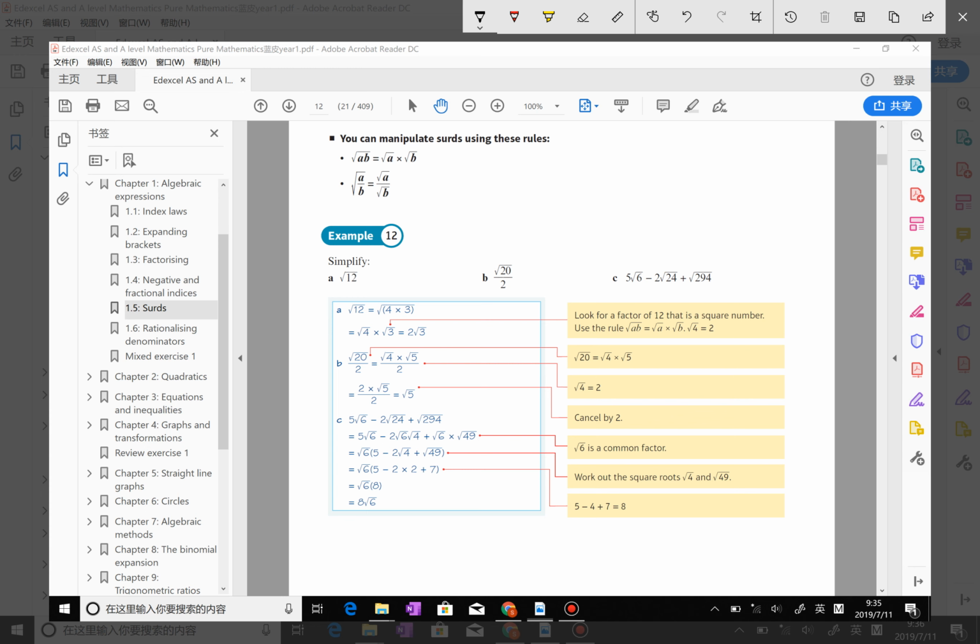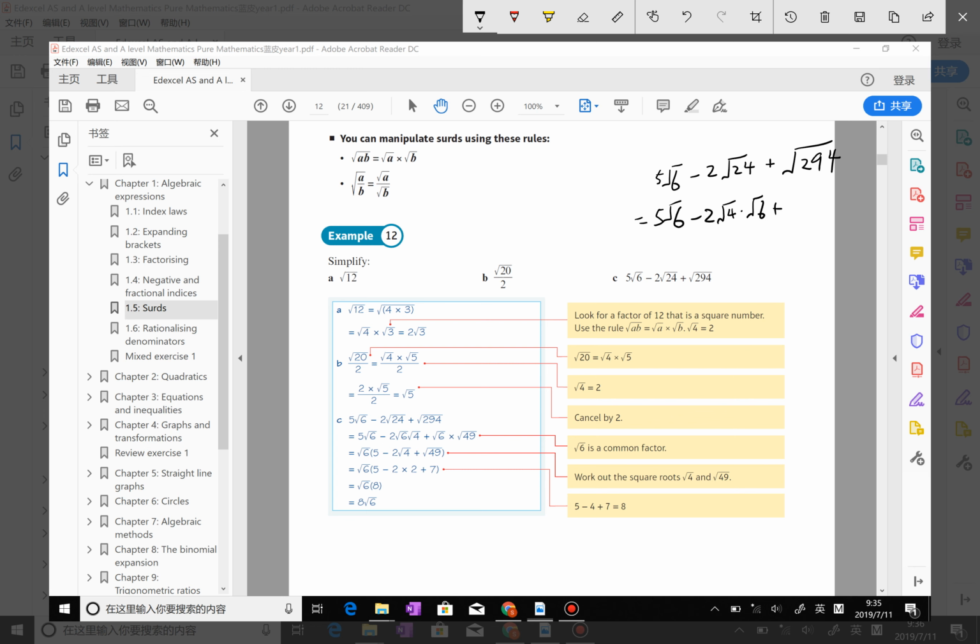Let's look at c. You have 5 square root 6 minus 2 square root 24 plus square root 294. Square root 6 cannot be simplified, so 5 square root 6. However, square root 24 we can write as square root 4 times square root 6.